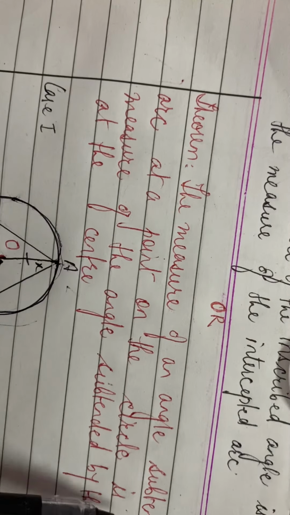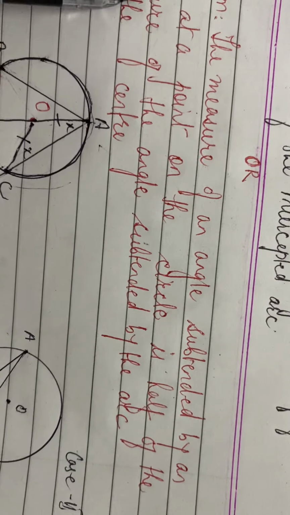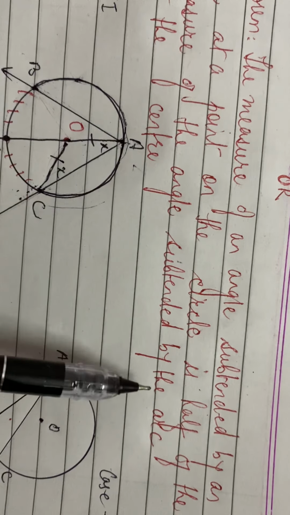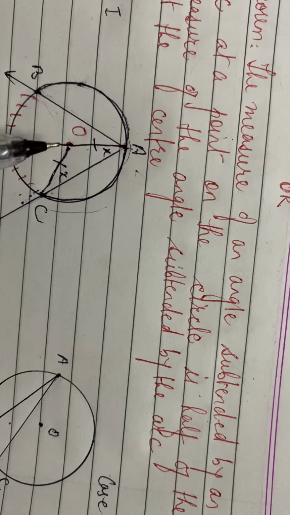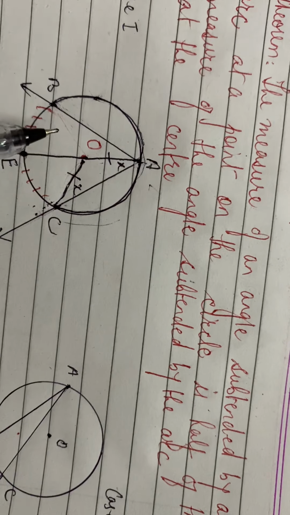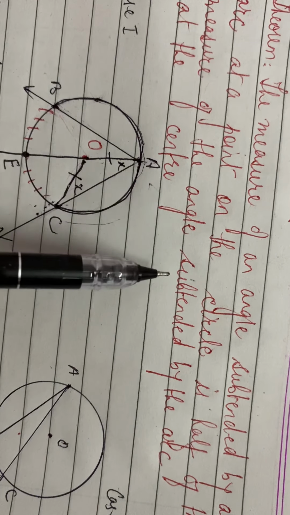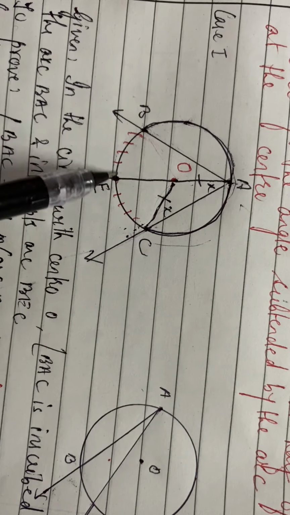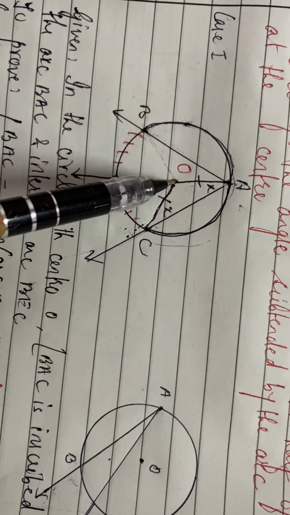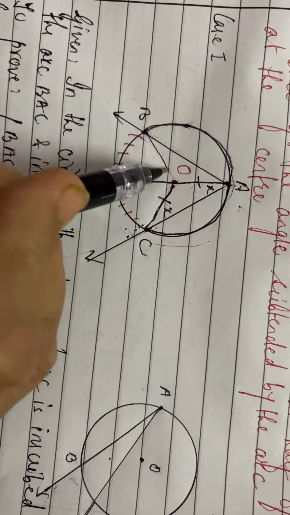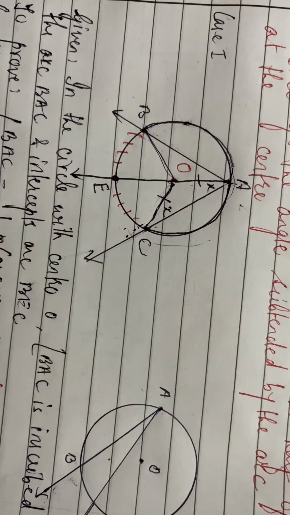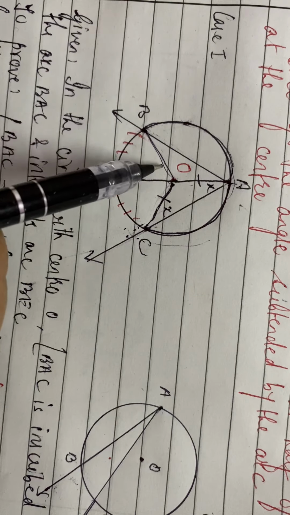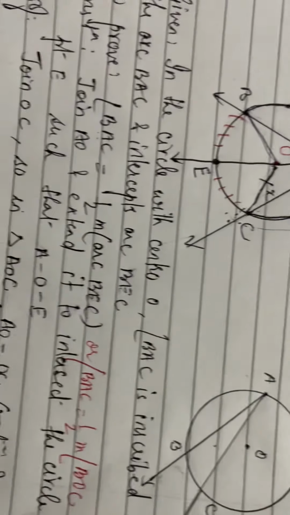The measure of an angle subtended by an arc at a point on the circle is half of the measure of the angle subtended by the arc at the center. This arc BEC is subtending angle BOC at the center, if you can see. So what is the measure of this angle BAC? It is half of the measure of angle BOC.